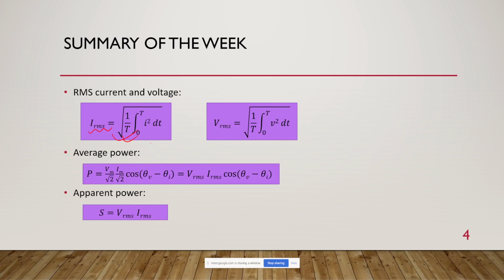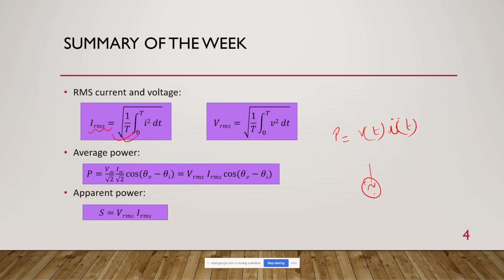Okay, so basically, when you try to calculate power, what do you say? It is V times I of t, isn't it? This is what instantaneous power is. Now you want to find the average power.